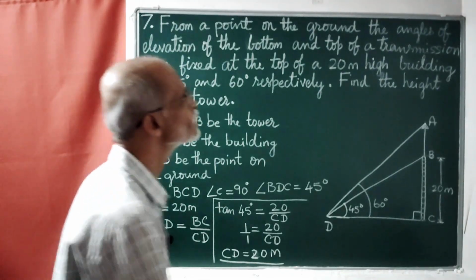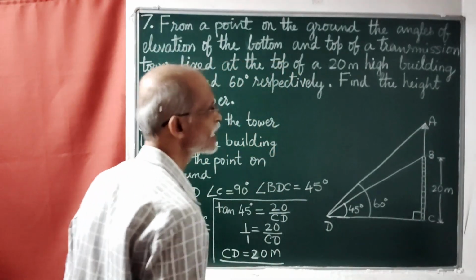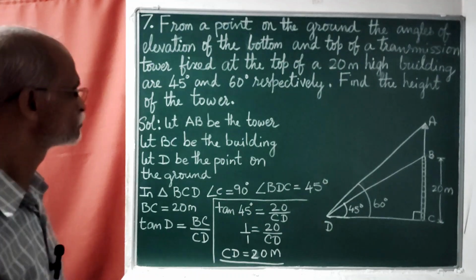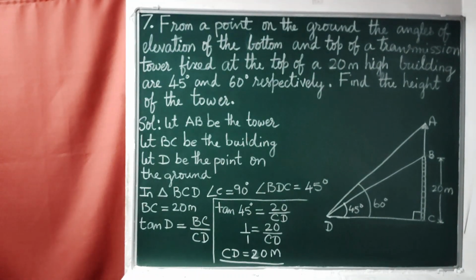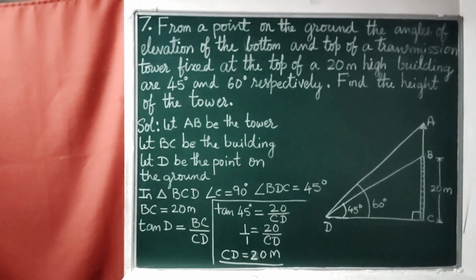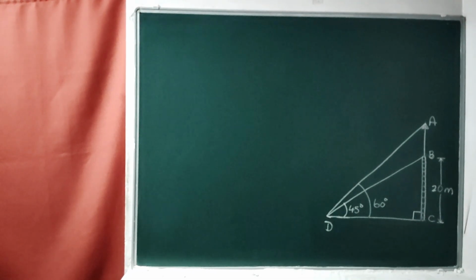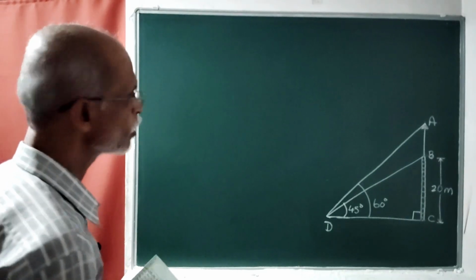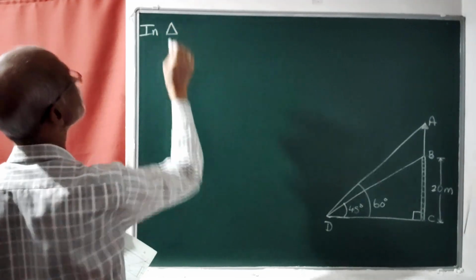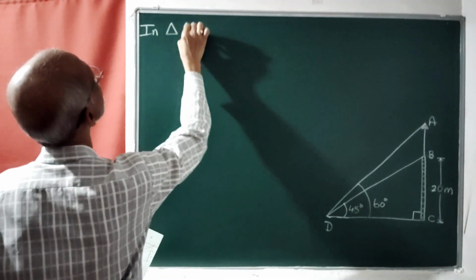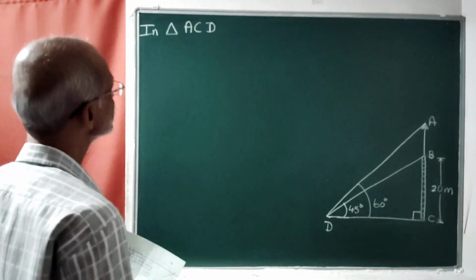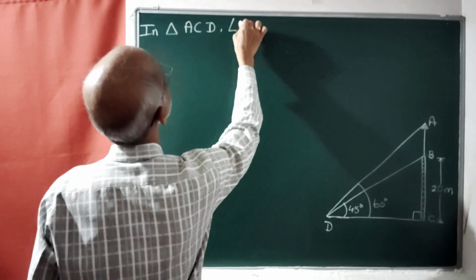Next, we will use the bigger triangle and find the length of AC. Now in triangle ACD, angle C is equal to 90 degrees.